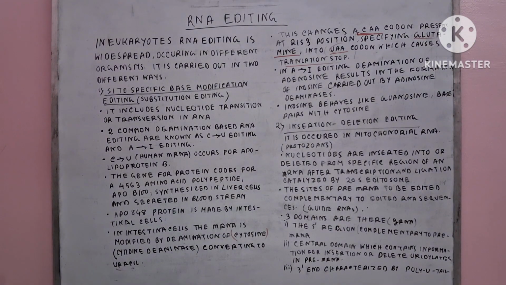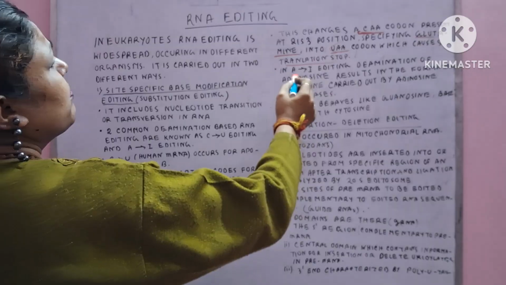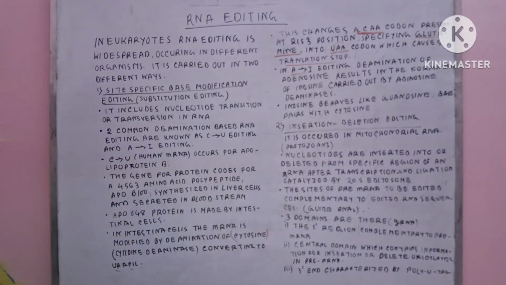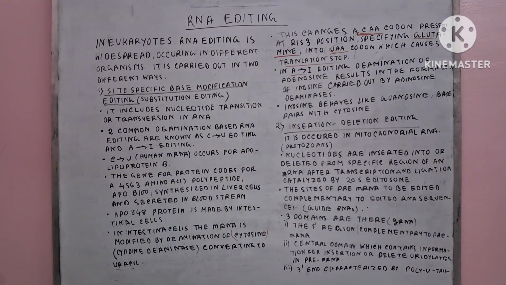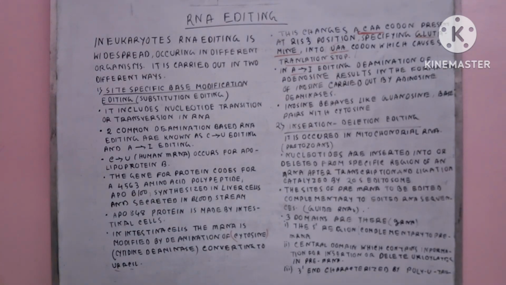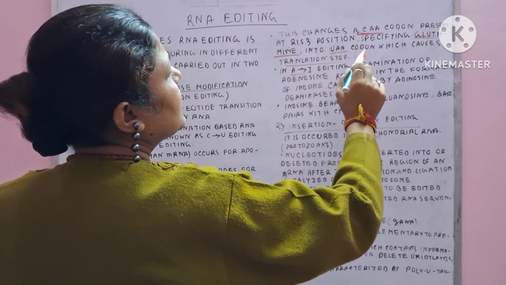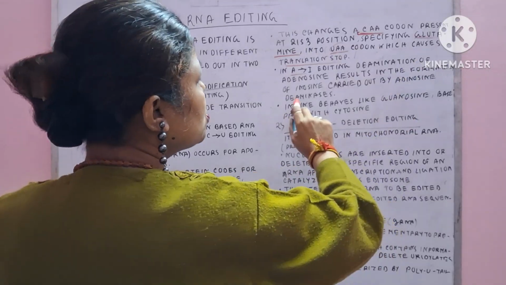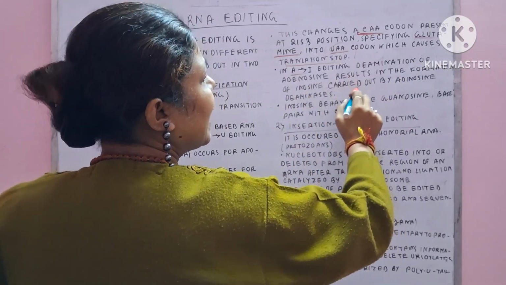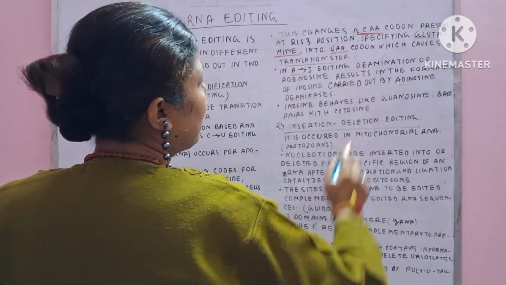Clear? The next example is the A to I editing. A to I editing means I for inosine. In this editing, deamination of adenosine results in the formation of inosine and is carried out by adenosine deaminases.